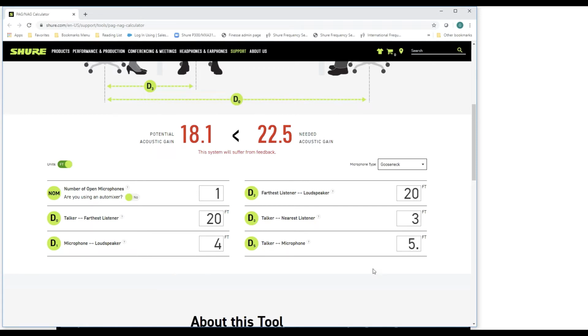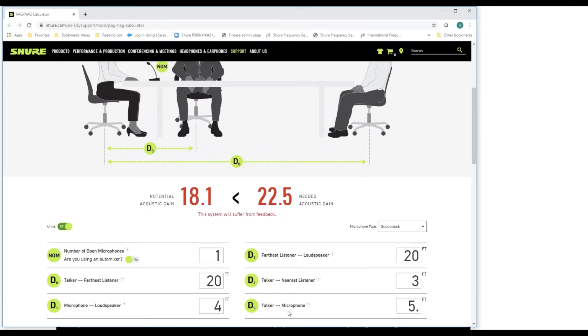Same thing applies to distances. Whenever I halve the distance between the microphone and my mouth, I gain 6 dB. Vice versa, every time I double the distance between my microphone and my mouth, I lose 6 dB. So by moving the microphone half the distance to my mouth, I picked up 6 dB. Unfortunately, we're still not there, right? I'm still about 4.5 or so dB shy of where I need to be.